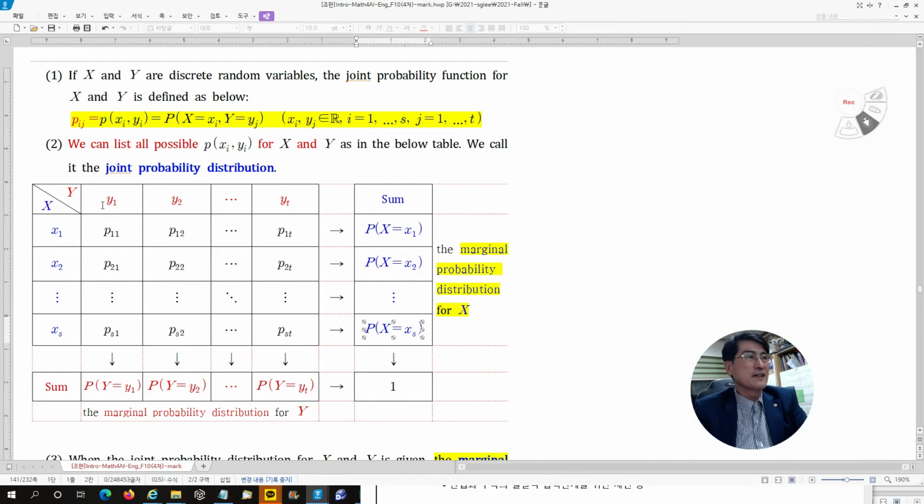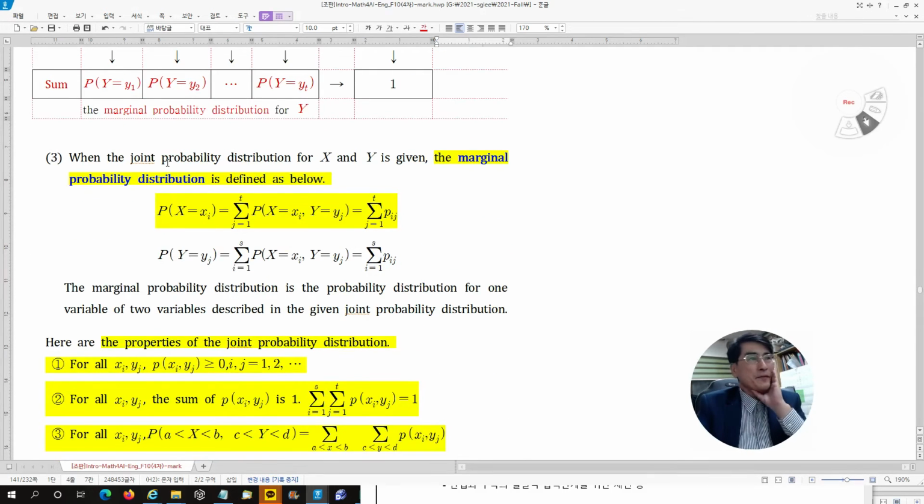And similarly, the sum of the column, all those p11, p12, p21, ps1, can be written as P of capital Y is equal to y1. This is also the marginal probability distribution for y when capital Y is equal to y1. So all these are called the marginal probability distributions, for x here and for y here.